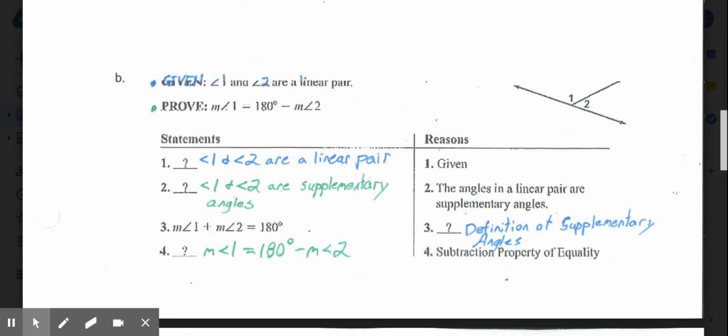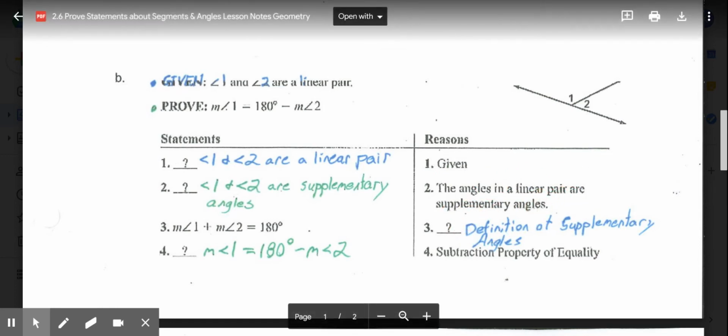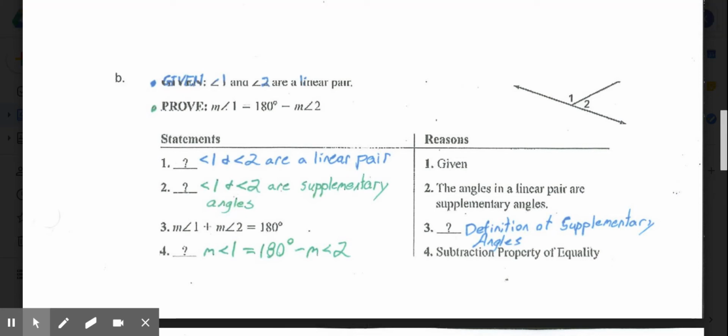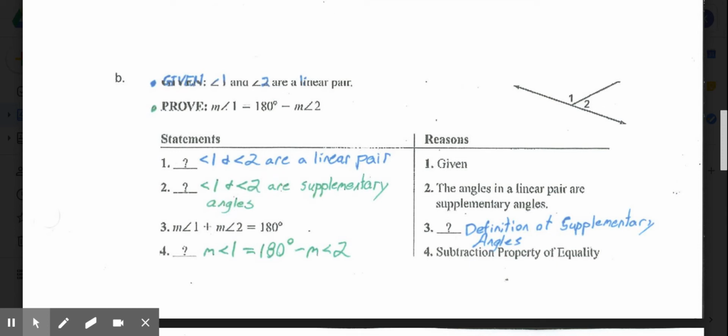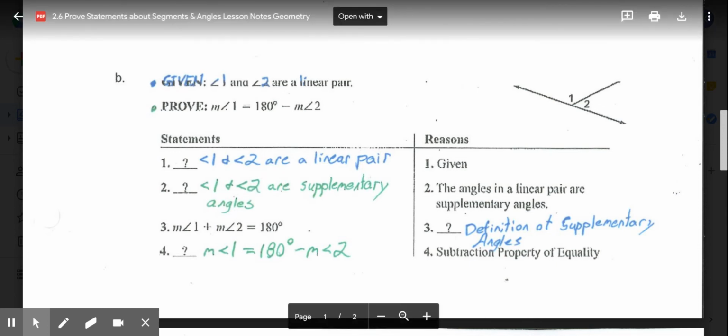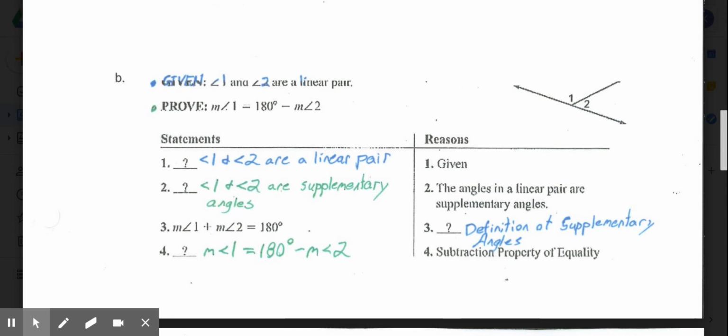So angle 1 and angle 2 are a linear pair. That reason was given. Then they gave us the next reason, which said the angles in a linear pair are supplementary. So I can simply state that angle 1 and angle 2 are supplementary angles. Because I know they're a linear pair and they make a flat line, I know they're supplementary angles.